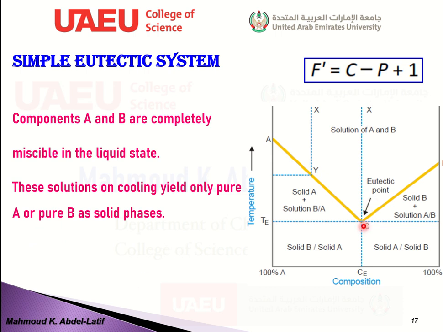Our system will have a eutectic point. Components A and B are completely miscible in the liquid state. This solution on cooling yields only pure A or pure B as a solid phase. Once you cool it, you end up with solid A here or solid B here.